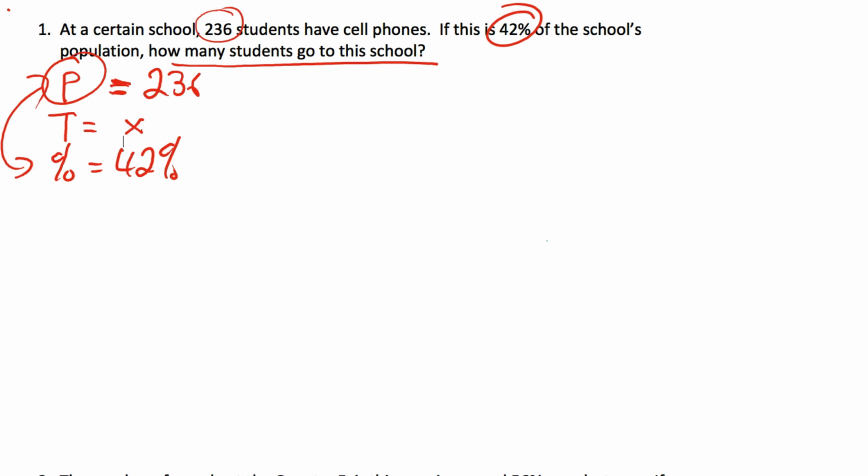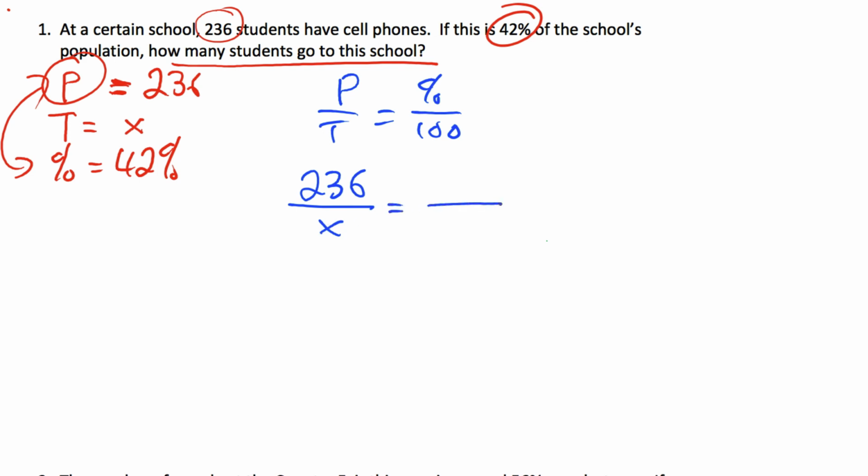So we can set up our equation using part divided by total equals percent divided by 100 for those people that like to use the proportion approach. Our part is 236, our total is unknown, and that connects with the 42% being the percent with cell phones over the 100.